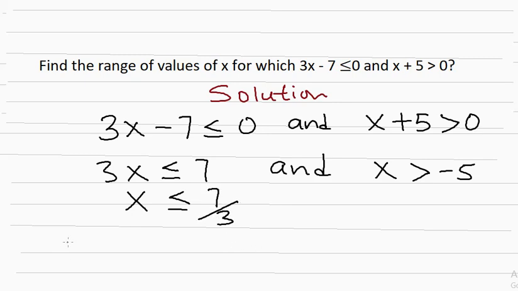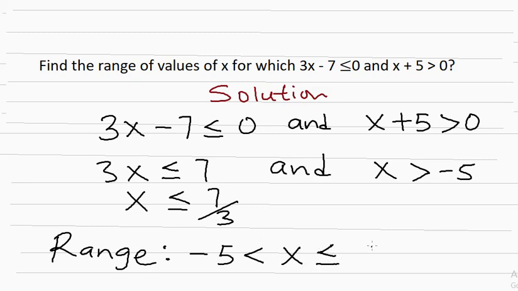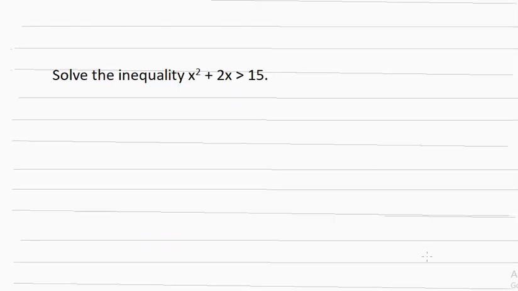That means the range begins from this, where minus 5 is less than x, and of course x is less than or equal to 7 over 3. As a matter of fact, that is how you solve that.